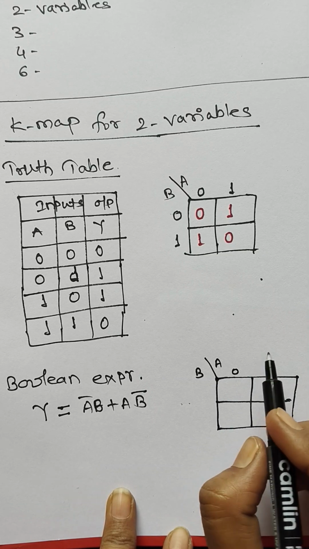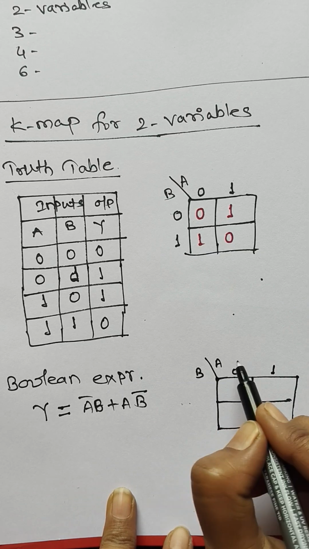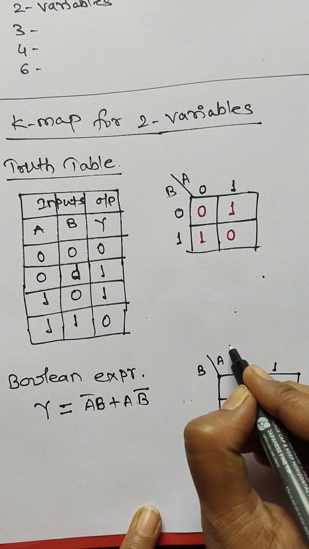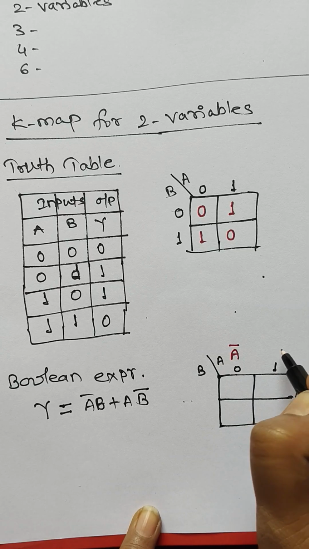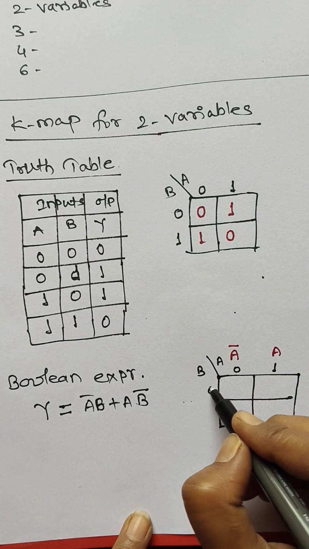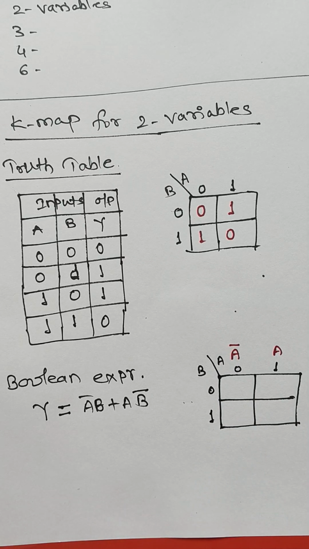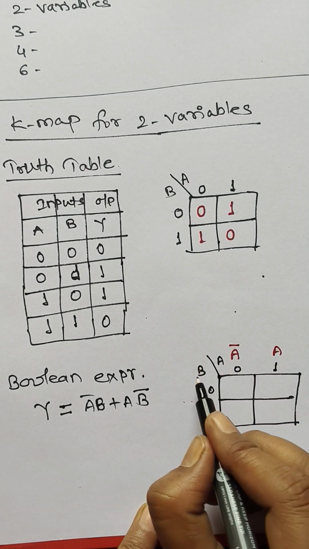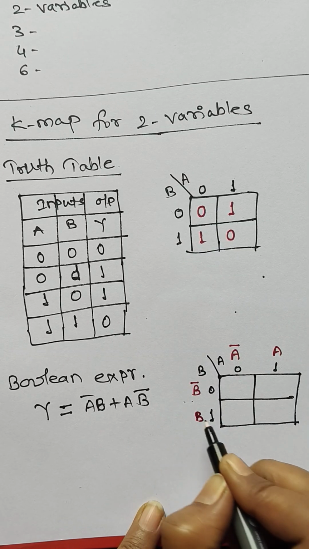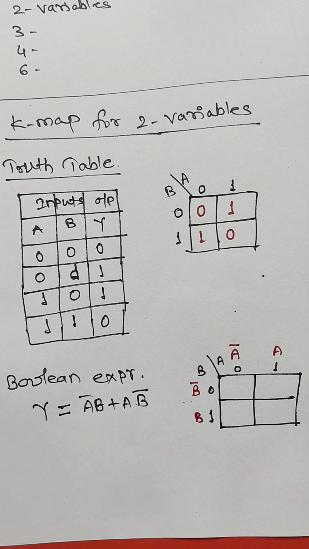If A is 0, we can mention it as A bar, and for A as 1 we can mention it as A. Now here also B is 0, B is 1. So for the value of B 0 we are writing it as B bar, and for the value of 1 we are writing it as B.